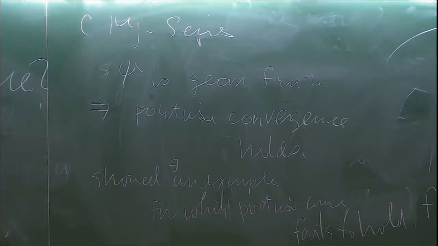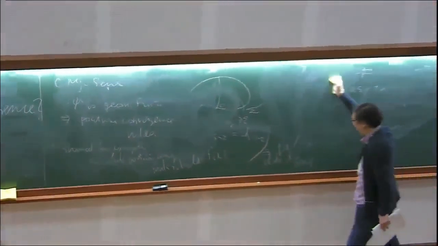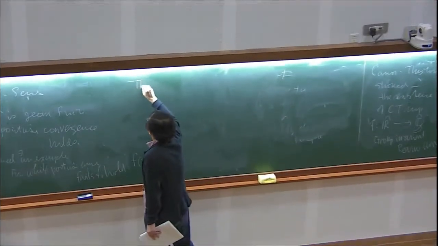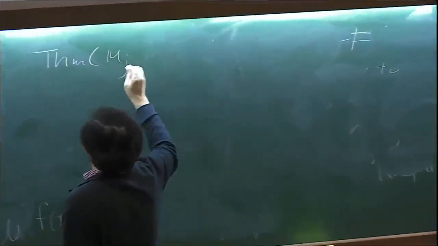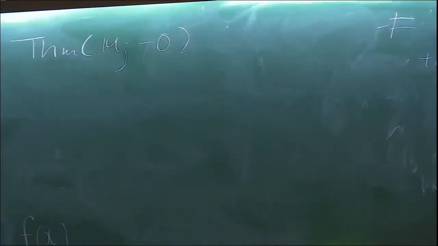And so in the remaining 10 minutes, I'd like to state and explain the theorem. So this is a theorem, which is a joint work with Mahan and myself. So we have completely determined when pointwise convergence holds and when it doesn't hold.